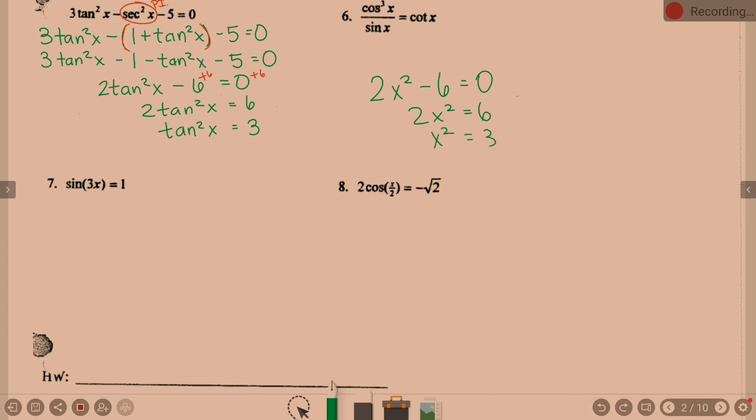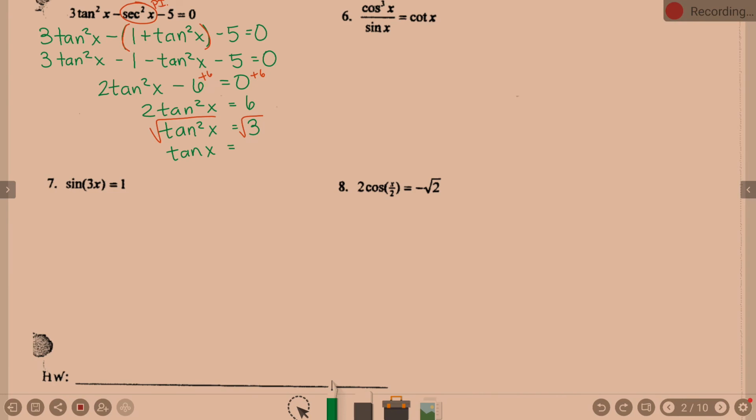Now what? Square root, yes? Okay, I'm going to get rid of this. If we have to square root the left, we're going to square root the right. So what's the square root of tangent squared x? And that's tangent x. What's the square root of 3?